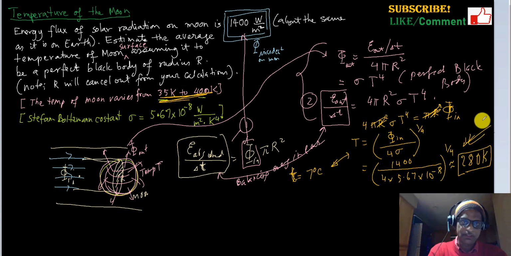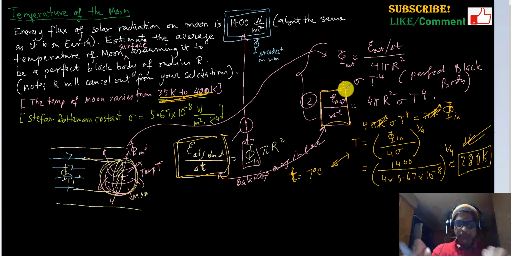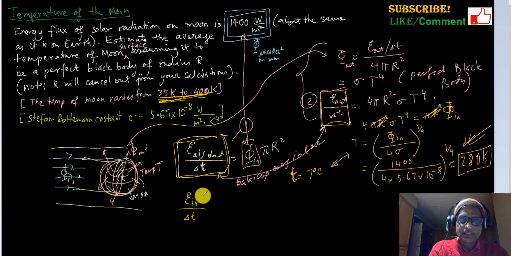And this principle of balancing energy in with energy out, if thermal equilibrium has been reached, is called the energy balancing principle or detailed balancing principle. So what we did was E in, the rate at which energy was coming in and getting absorbed, was equal to E out, the rate at which energy was leaving.